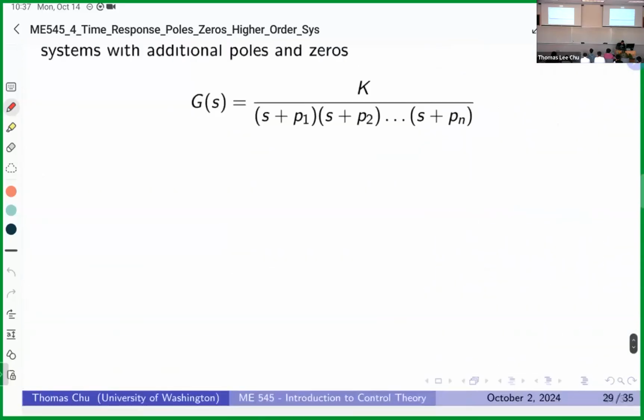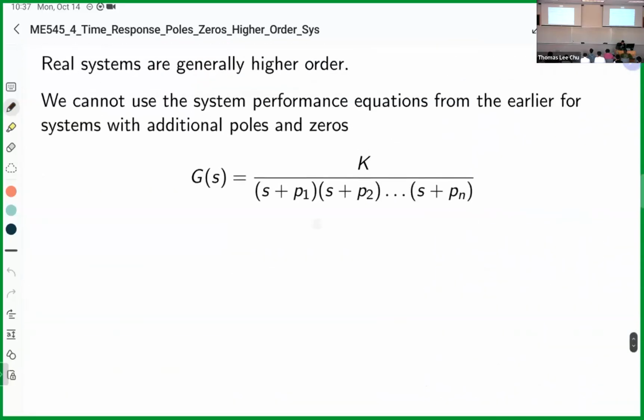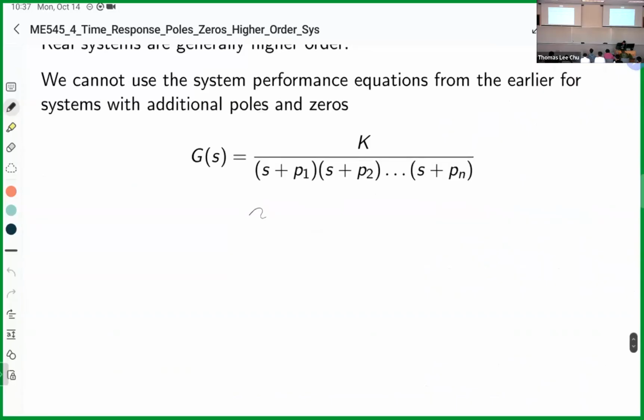And actually, before we continue on, one thing I want to note about this is that all higher order systems can be added up as a sum of partial sums. So you can have K1 over S plus P1, plus K2 over S plus P2.